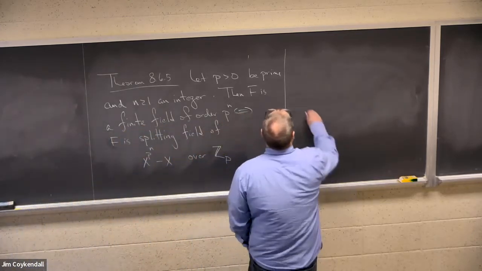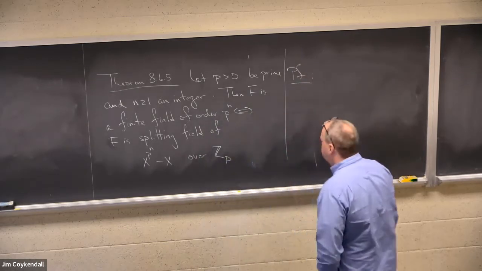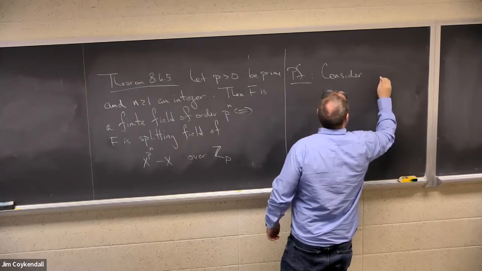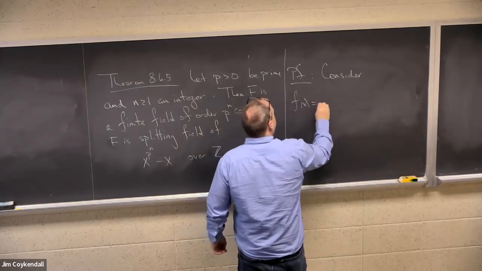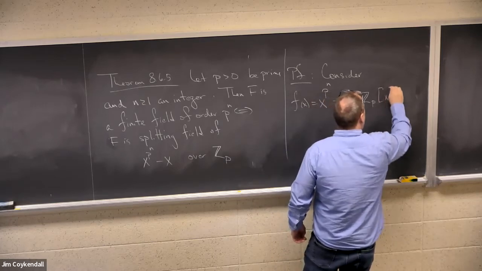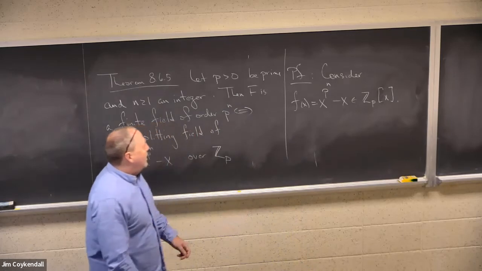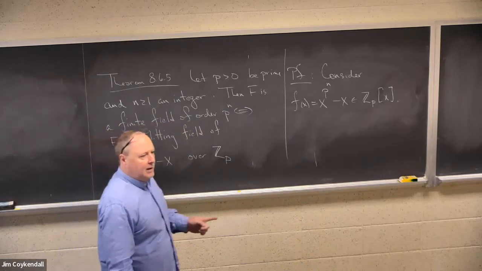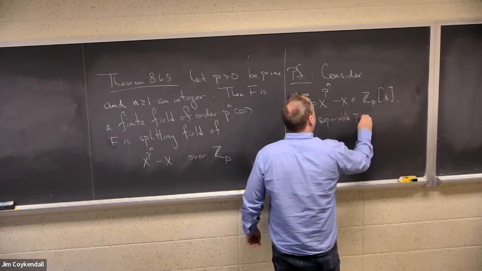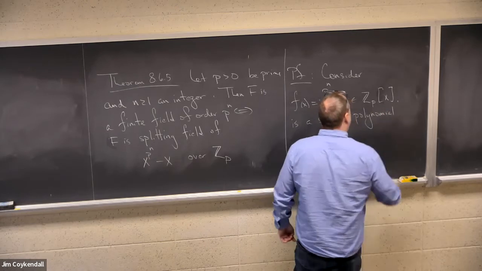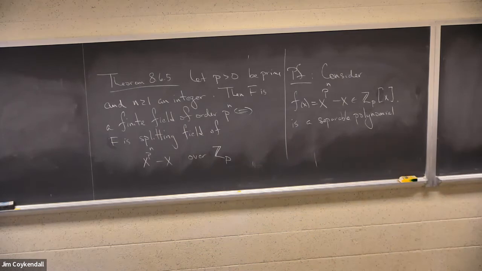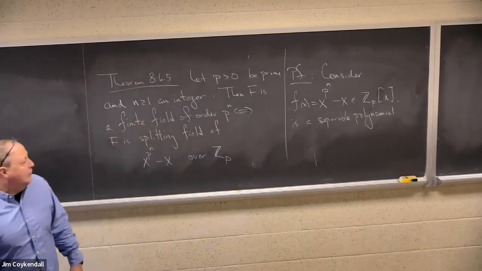So why is this true? Well, notice that the first thing that you might be worried about, since we're in characteristic p, is, oh dear, could this have multiple roots, which is always kind of a danger in that situation.